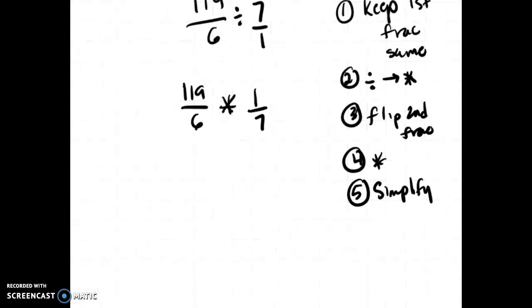So now I'm going to multiply. I get 119 on the top. Multiply across the bottom, I get 42. So let's see. I can look for common factors to divide out of both of these.